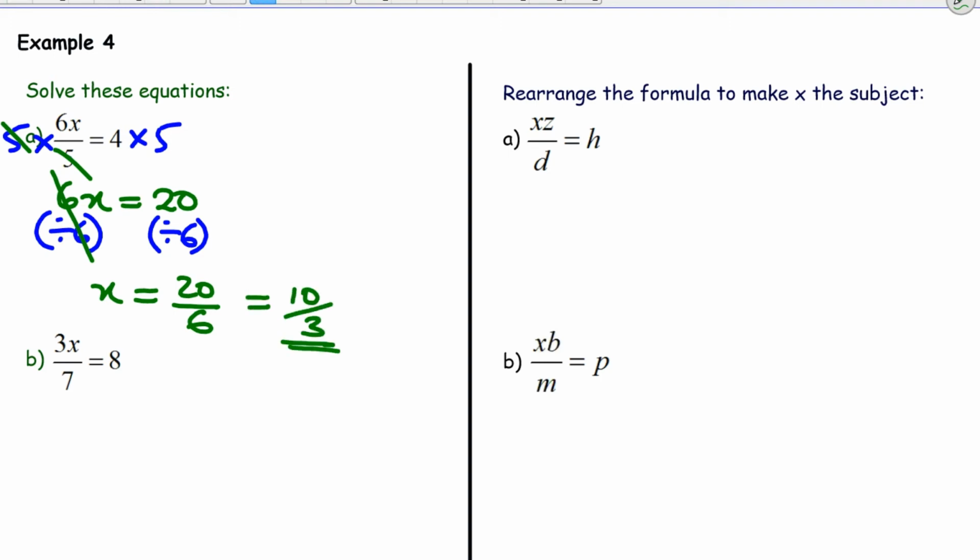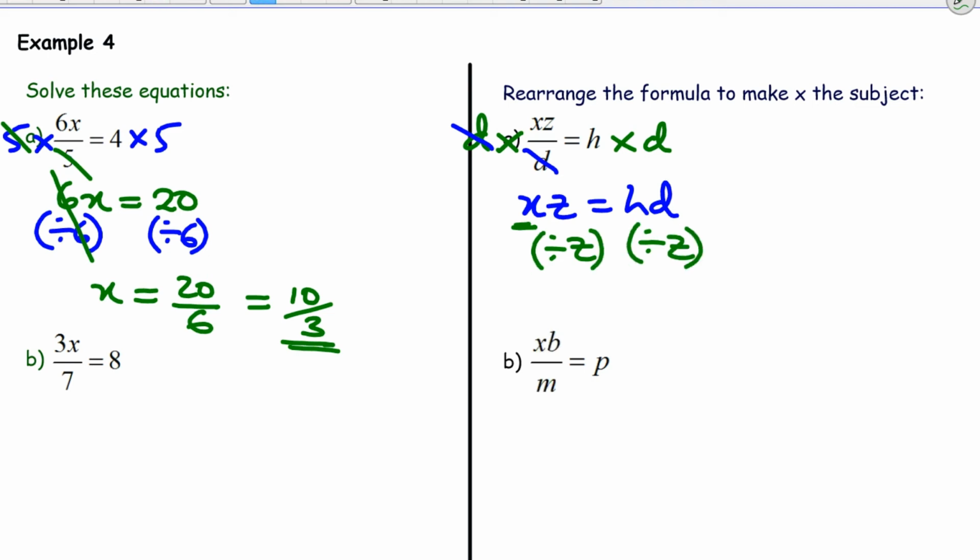Okay, how can we apply the same steps on the right? So the first step is you start by multiplying by d. So we know that d divided by d is 1, so that's gone. So xz will be equal to hd. And then the next step will be, because you want to remain with x, you divide by z on each side.